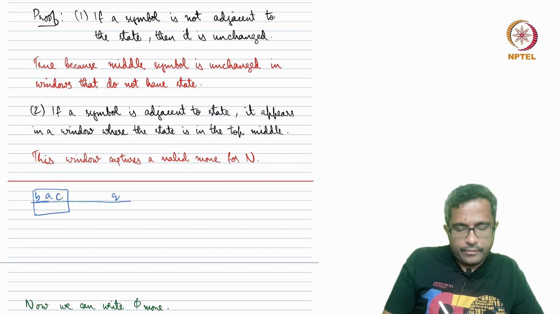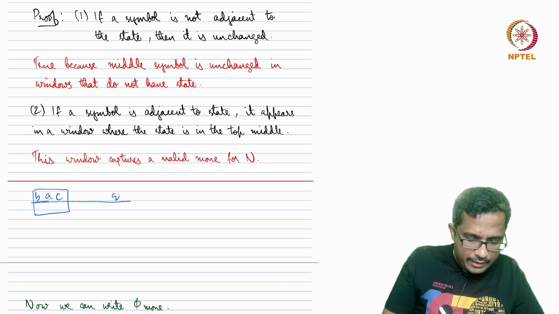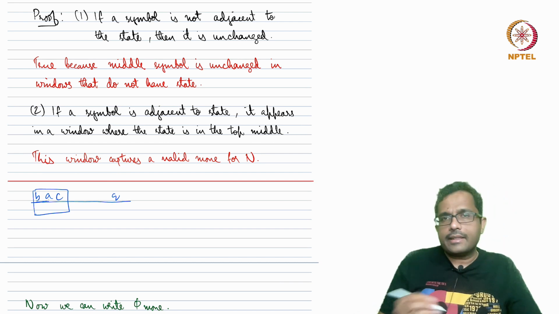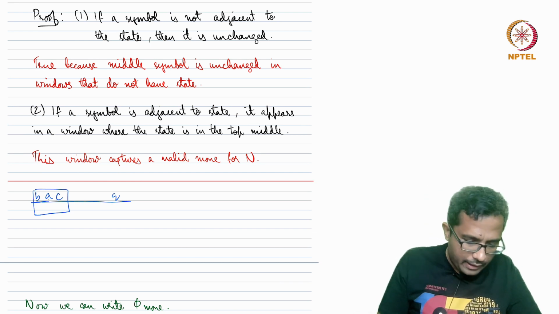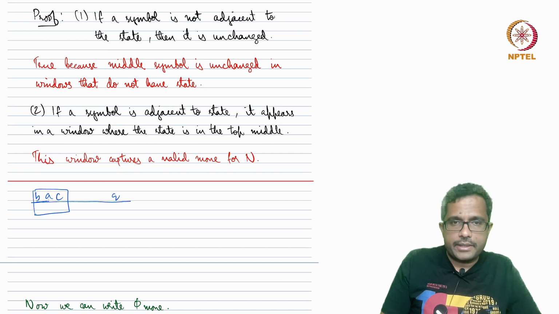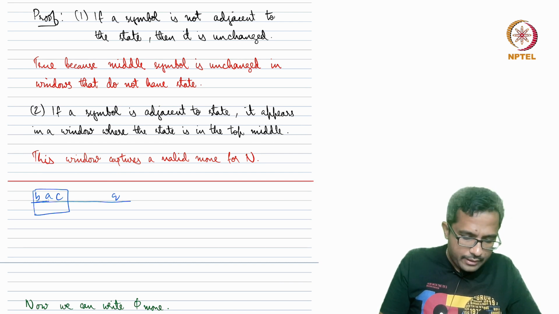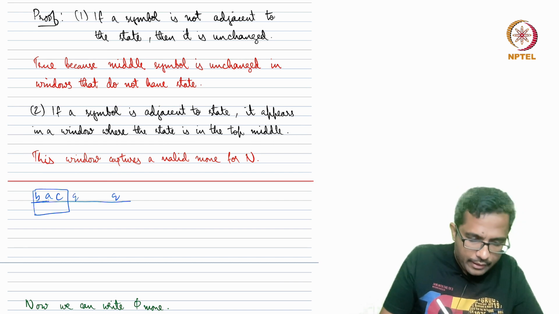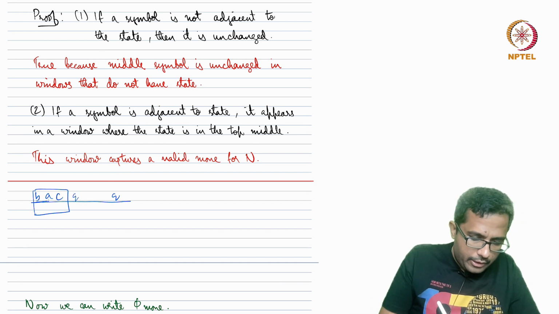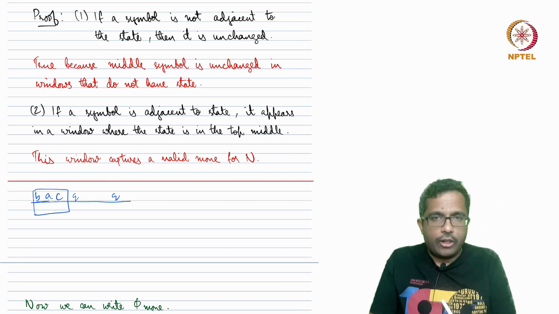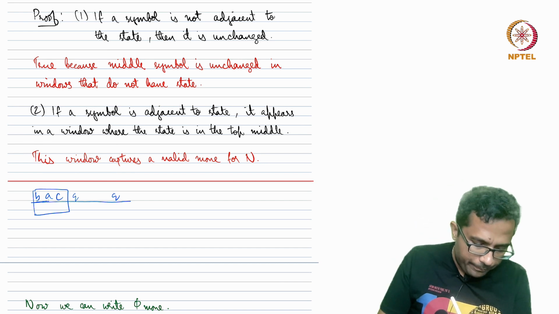If A is not adjacent to the state, which means either side of it is not the state, we can consider the 2 by 3 window with A in the top center. Because it is not adjacent to the state, the worst case is that the state could be here, but it could be anywhere, but it will not be adjacent to A.